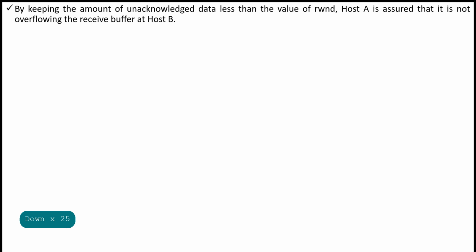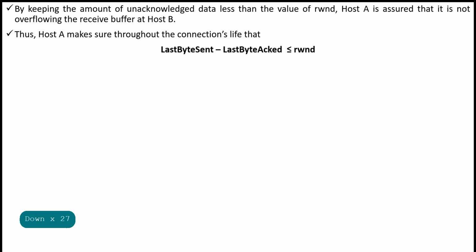By keeping the amount of unacknowledged data less than the value of RWND, host A is assured that it is not overflowing the receive buffer at host B. Thus, host A makes sure throughout the connection's life that last byte sent minus last byte acknowledged is less than or equal to RWND.